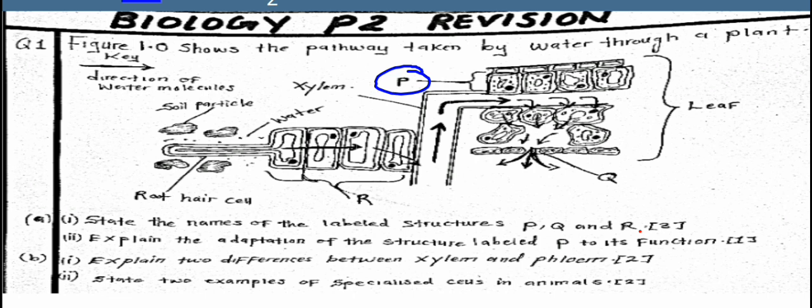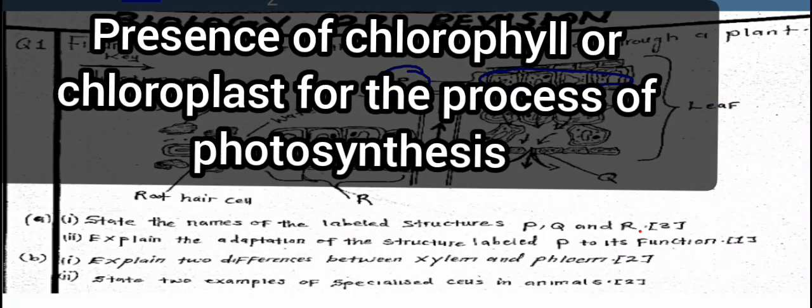So in this case, the palisade cells contain a high content of chloroplast. That high content of chloroplast enables them to carry out the process of photosynthesis. So we can just say the high presence of chloroplast or chlorophyll for the process of photosynthesis. That is the answer.